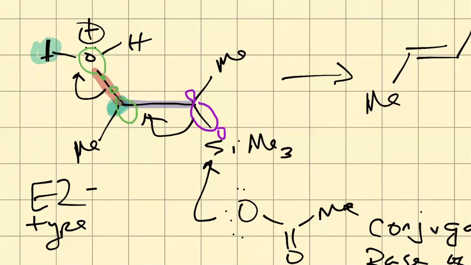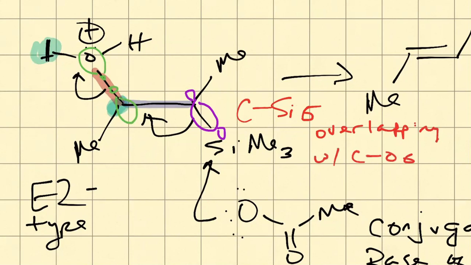So in order to make the pi bond and break the carbon oxygen bond, you have carbon silicon sigma, and then that's going to overlap with the CO sigma star.